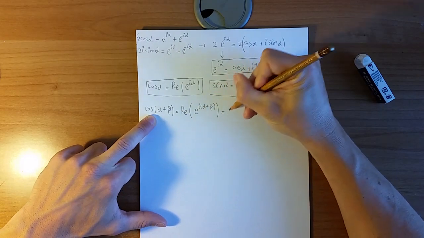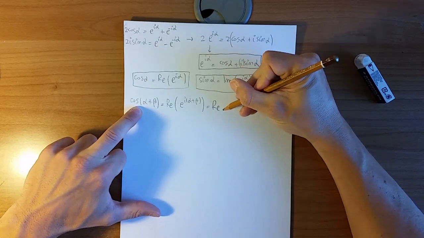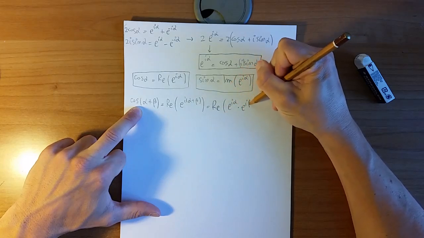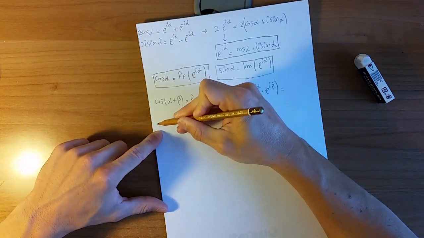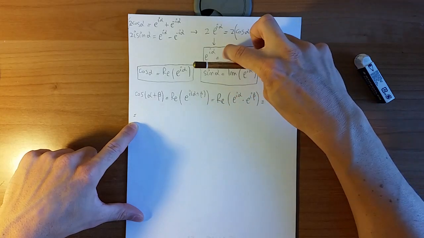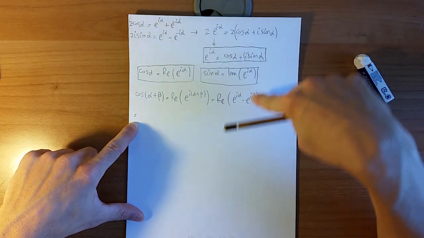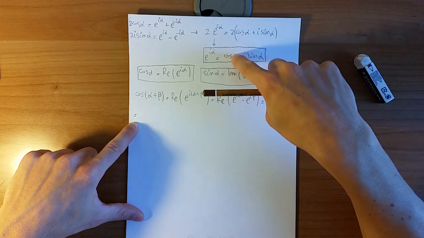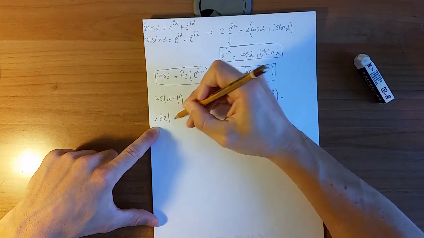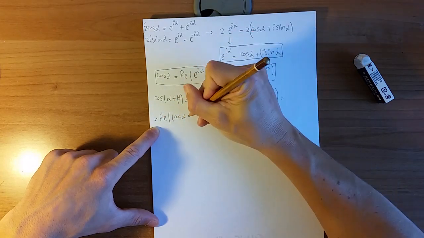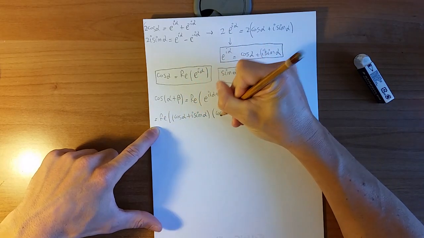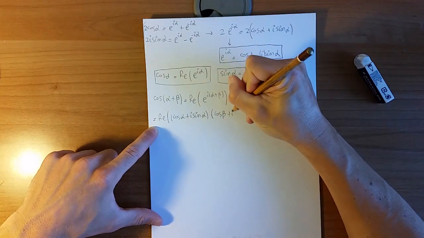This is very easy. And then we have the real part of e to the I alpha times e to the I beta, okay? And then let's use this formula right here by replacing e to the I alpha by cos alpha plus I sin alpha and e to the I beta by cos beta plus I sin beta. So we have the real part of cosine alpha plus I sin alpha times cosine beta plus I sin beta.